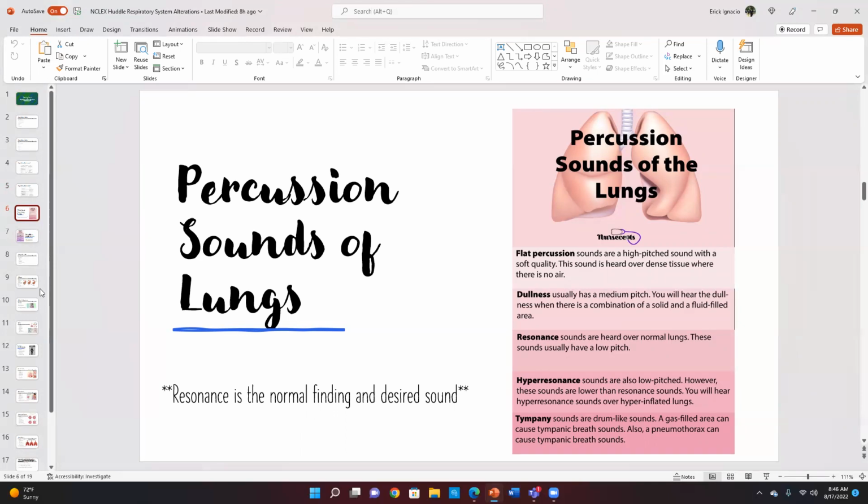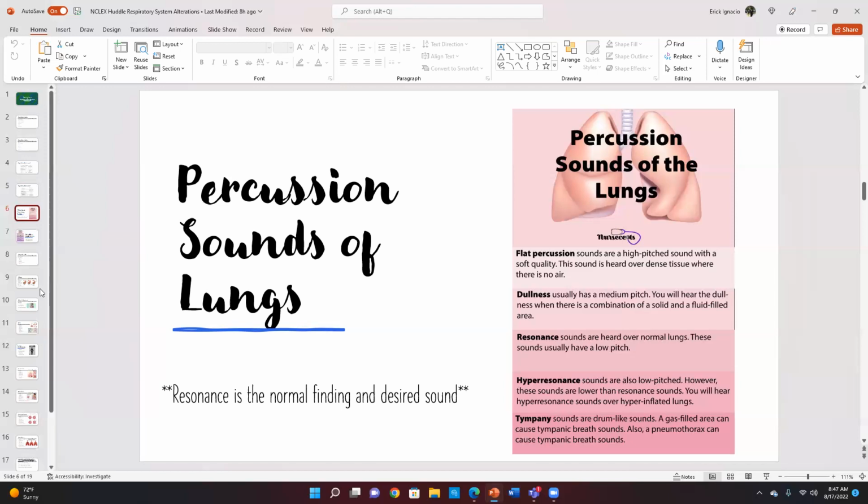Now, resonance is the desired sound that you want to hear. And so these sounds usually have a low pitch. Okay, so resonance is the desired sound over normal lungs. Hyperresonance, this is also low pitch sounds, but they're going to be lower than resonance. And so this patient is having hyperinflated lungs.